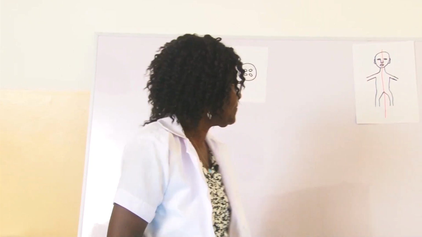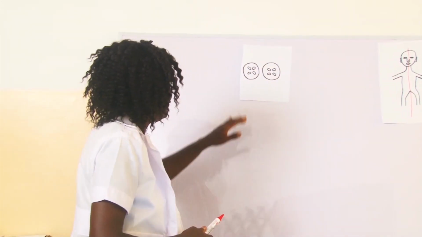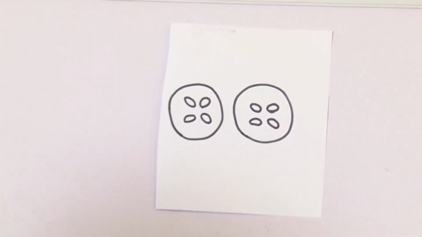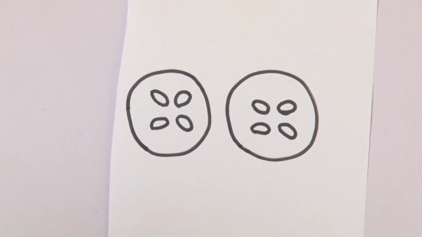Then we have radial symmetry. In radial symmetry, the organism is such that you can make a cut in many, many planes and have mirror images.